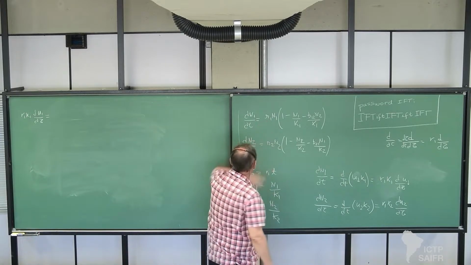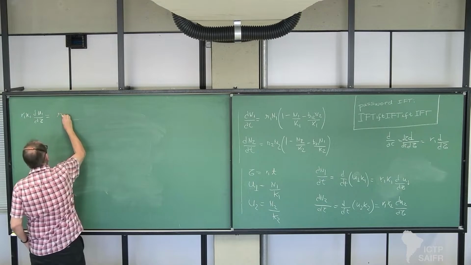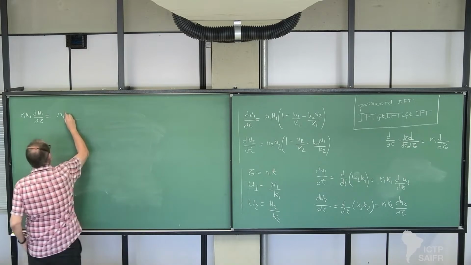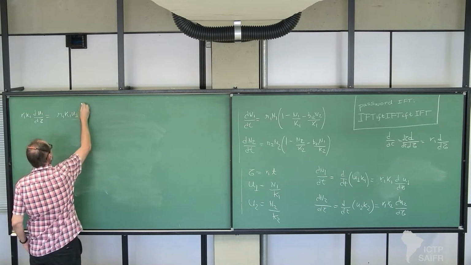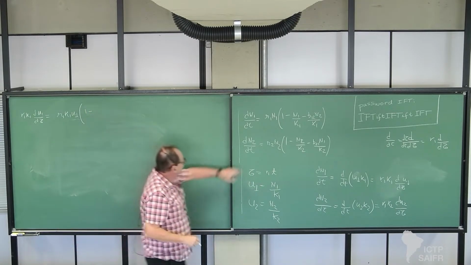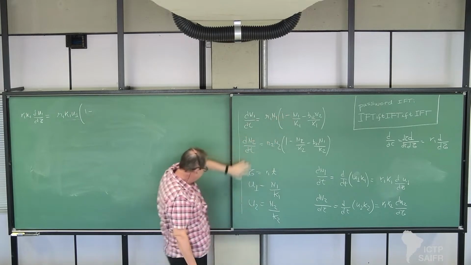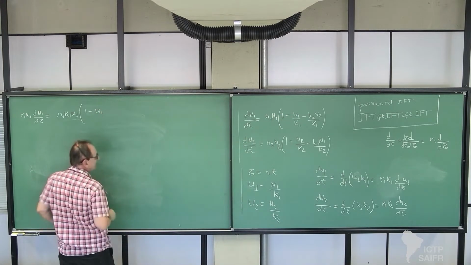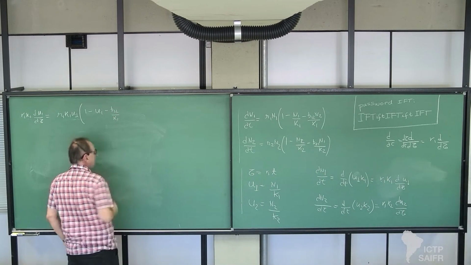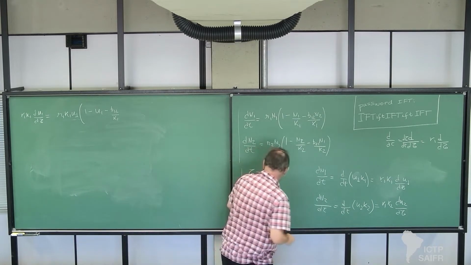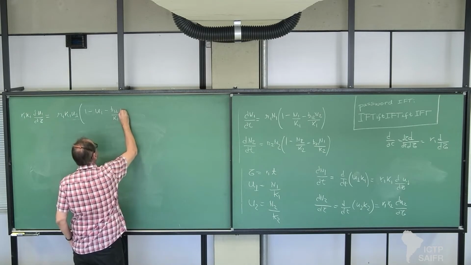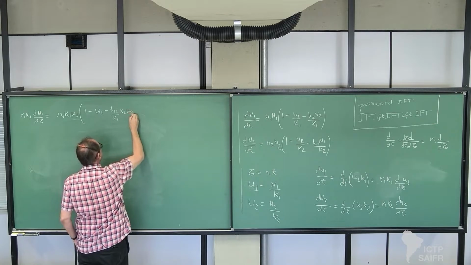Then I have r1, and I have n1, which is just k1 u1, times 1 minus, oh nice, this is just u1. It's the definition of u1. Right? Minus b12 over k1 times n2. But n2 is k2 times u2.